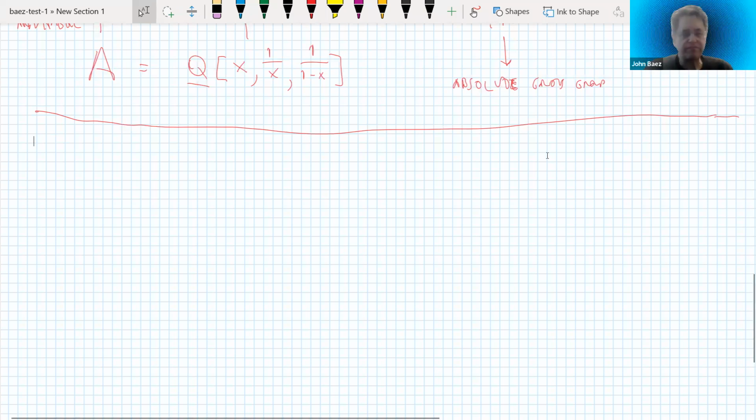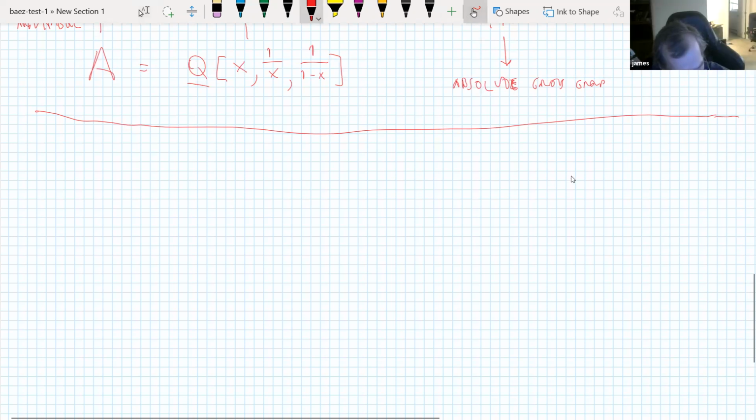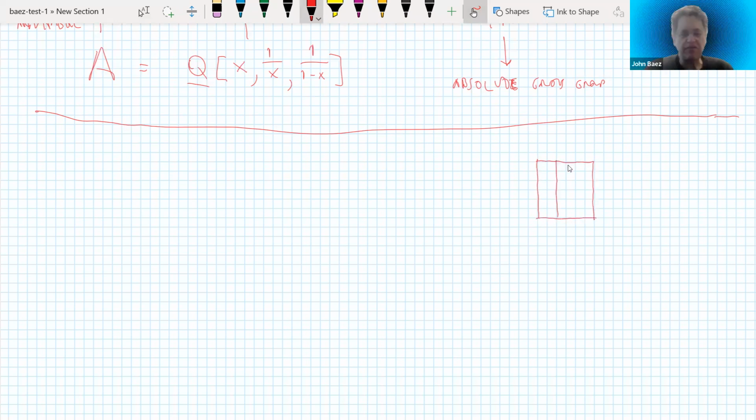Let me try to talk about some examples here. There's this regular Gaussian design, and it has these two irregular quotients, one of which looks like this.